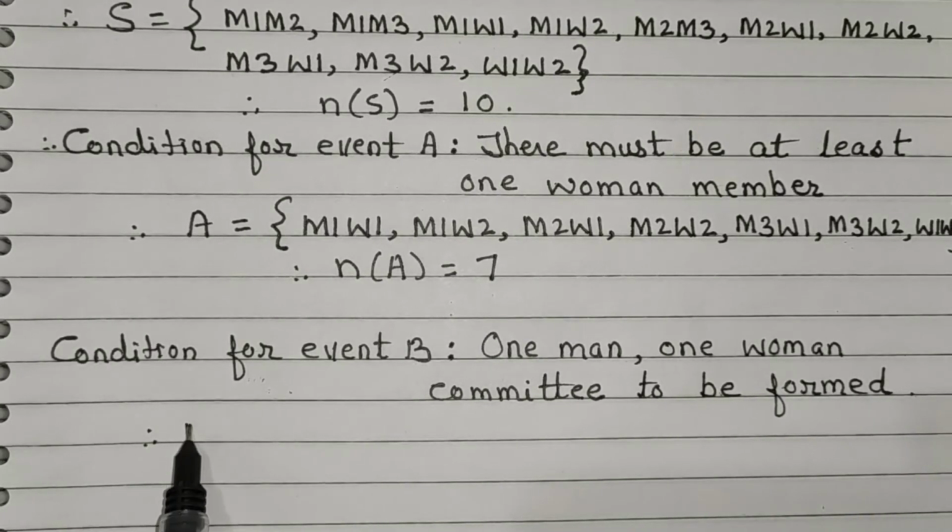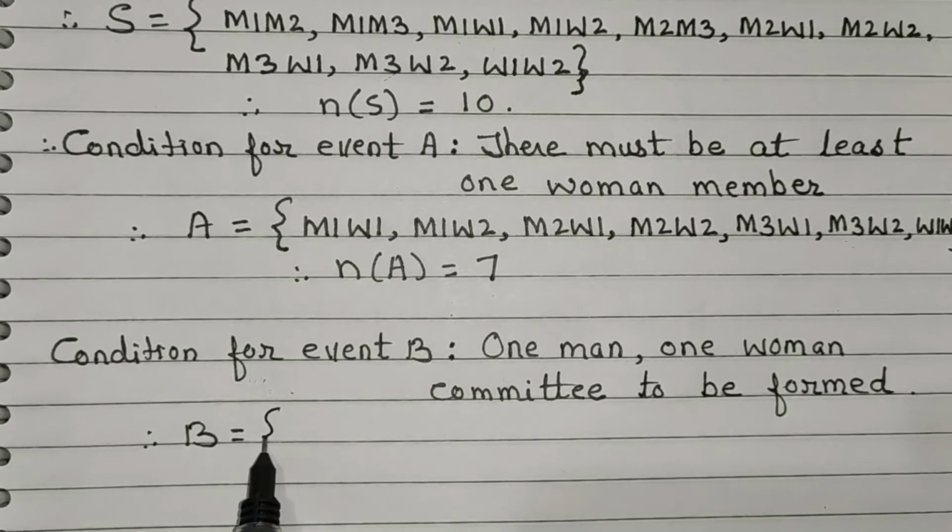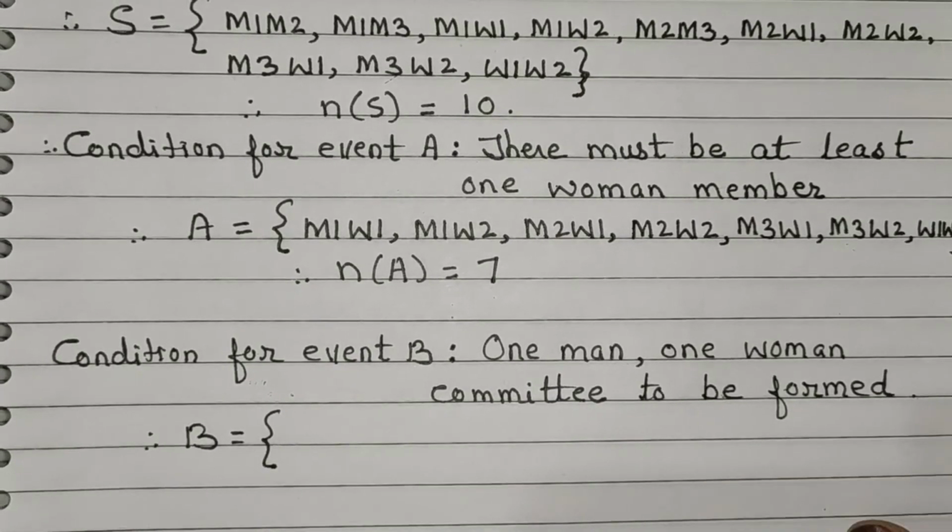Therefore, B is equal to now one man and one woman.